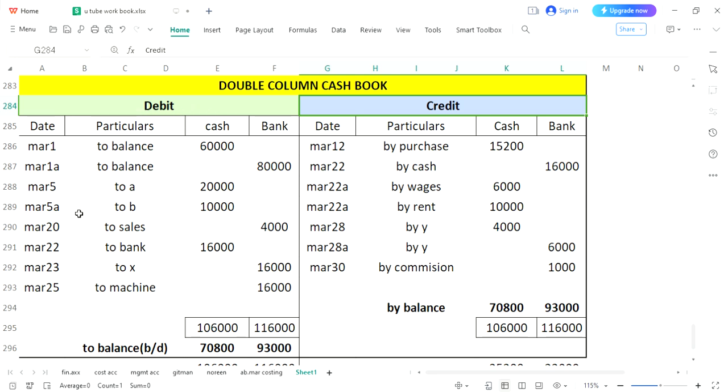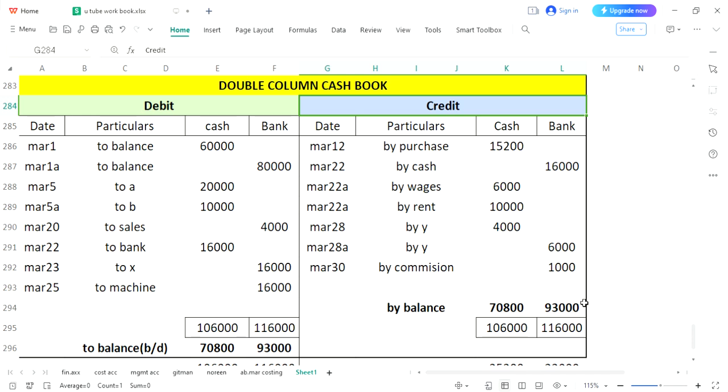There is the debit side and there is the credit side, both cash and bank credit, both cash and bank debit, and we have calculated balances. These answers were matched with the answers given in the book and we have completed it. So in this way, the second part of the question is also completed.